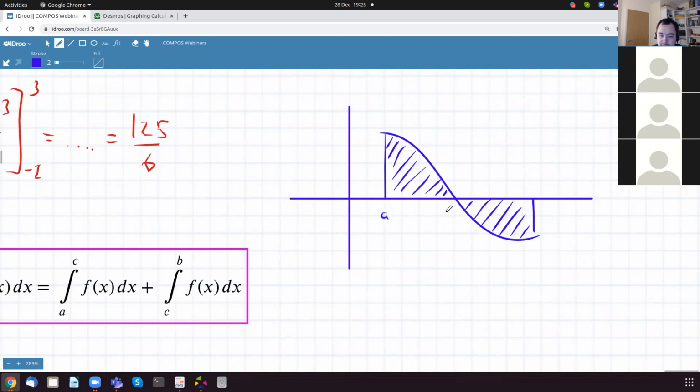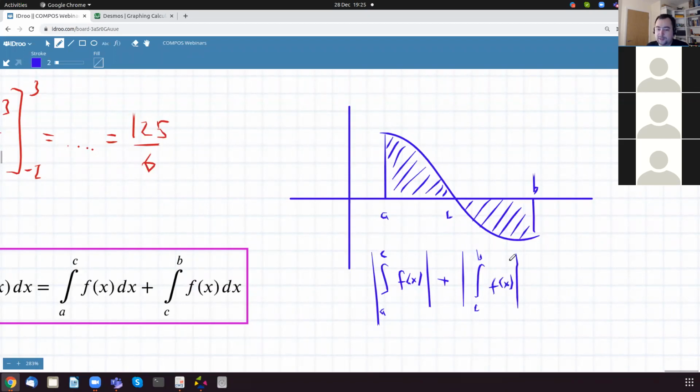So a to c and c to b. You need the modulus of the integral from a to c of f of x plus the modulus of the integral from c to b of f of x. Yeah, hope that clears things up.